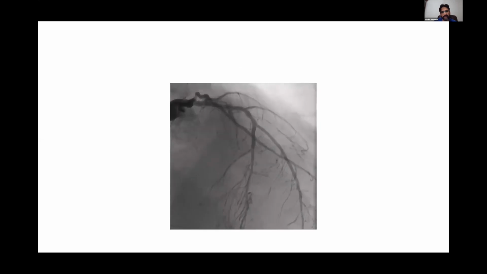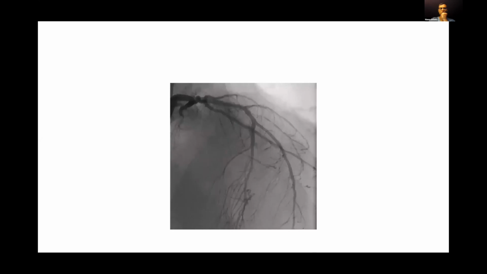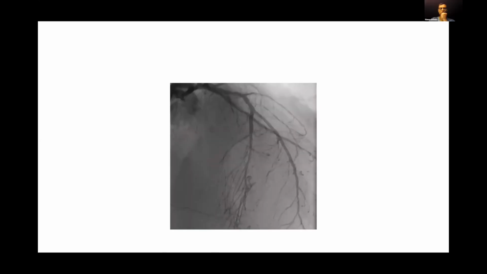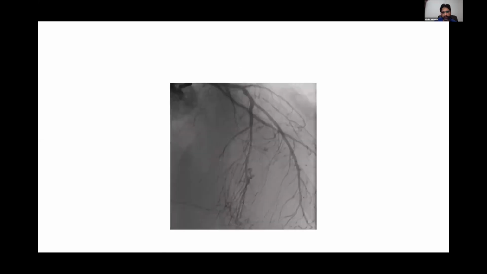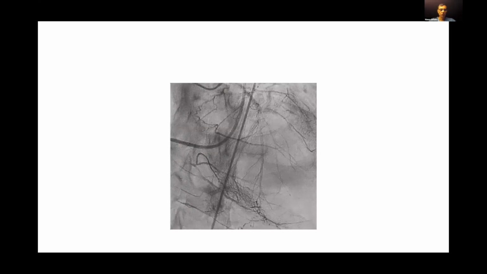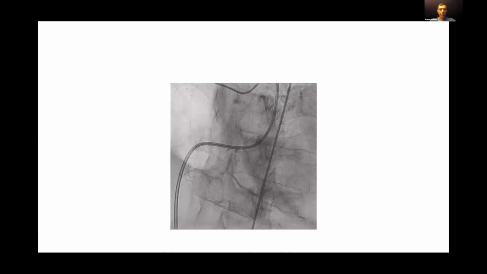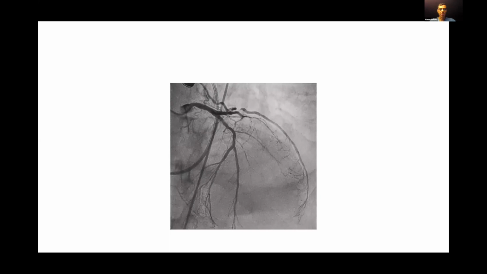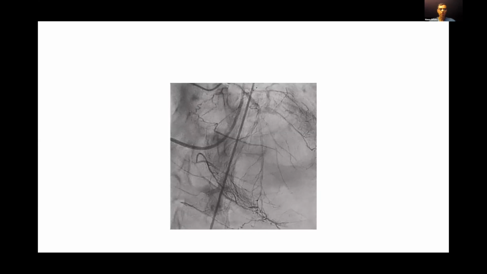So that is the LAD, with massive septal perforator supply and lots of collaterals to the right. I think we're losing a little bit, but you can see that you have a CTO of the right, the lady has some disease, but it's hard to tell what is coming from the right.